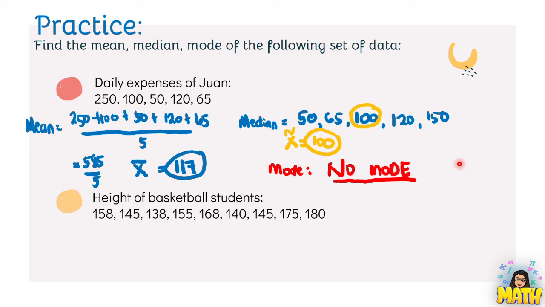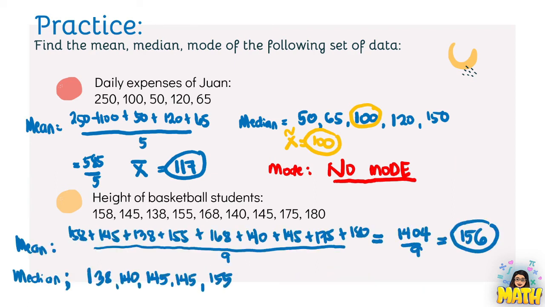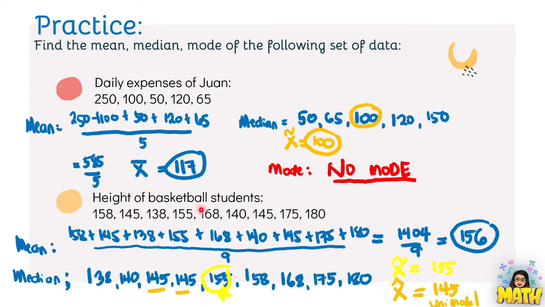While for the next one, next, we have the height of basketball students in centimeters. So to find the mean, we simply need to add the values of their heights divided by the total number of data. So we have here 9 students or 9 data.